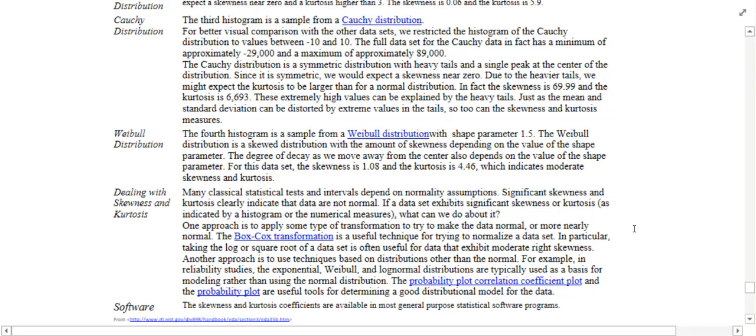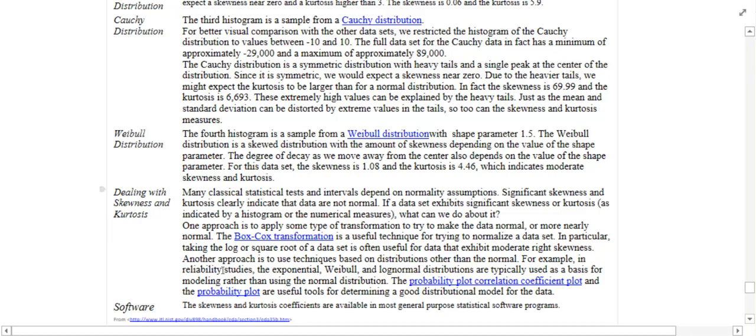It's a useful technique to try to normalize a data set. The way that's done is you take the log or square root of the data, and that methodology is often useful for data that exhibits moderate right skewness. Another approach would be to use techniques based on distributions other than normal.